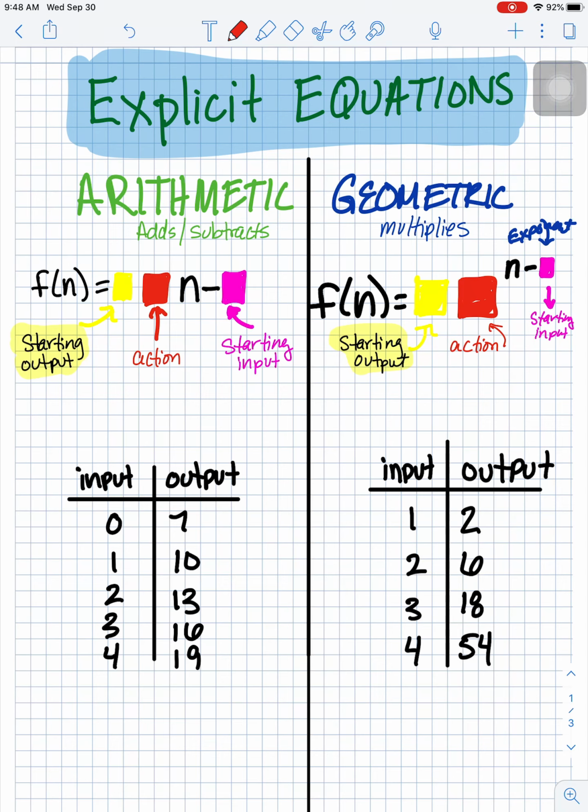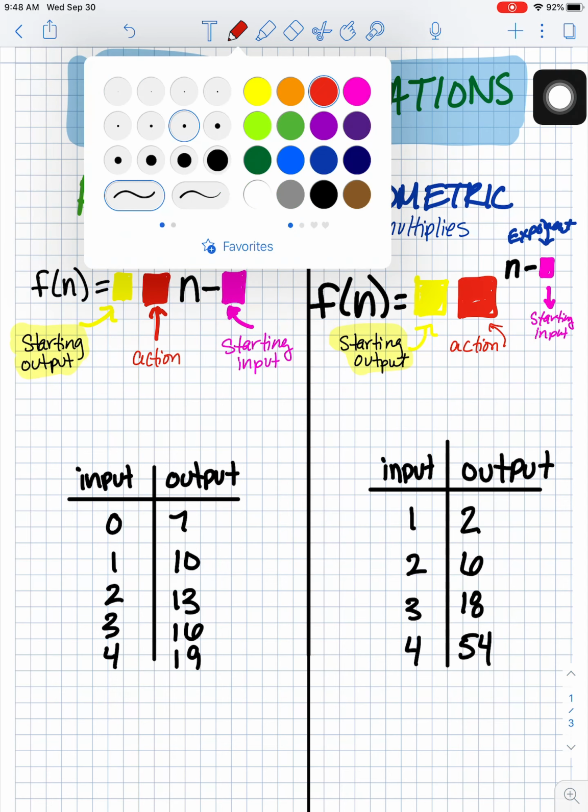I hope you're seeing they both have yellow, red, and pink. But in an arithmetic, the pink and the n are big, showing multiplication. In a geometric, the n and the pink are exponents. They're small. That is the one major difference between the two.